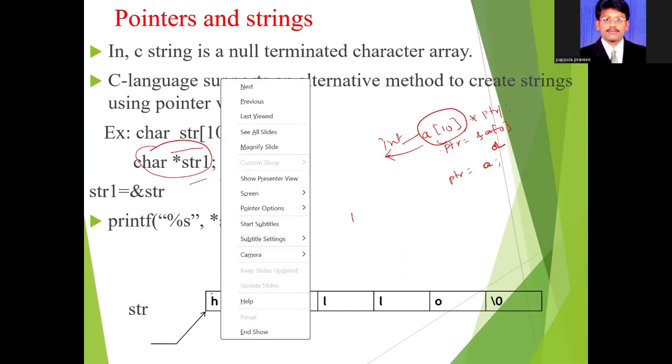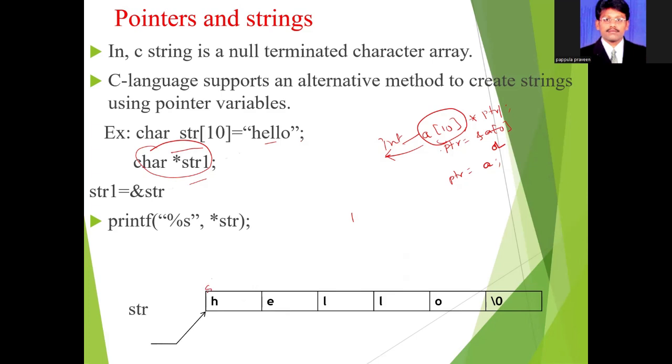For example, this is the str. What is the address here? Some example: 1000, 1001, 1002, 1003, 1004, 1005. The base address is 1000.